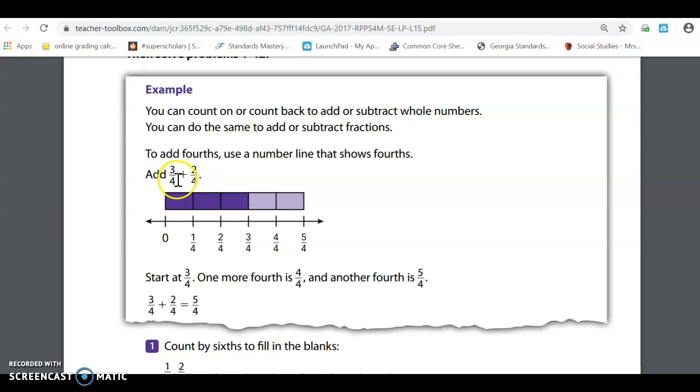Guess what we're going to do with this 4? We're just going to slide it to the right. So whenever we're adding fractions with the same denominator, you only really need to focus on the numerator. You would add 3 plus 2, which gives you 5, and we're just going to slide that 4 over. And that's how you would get 5/4.